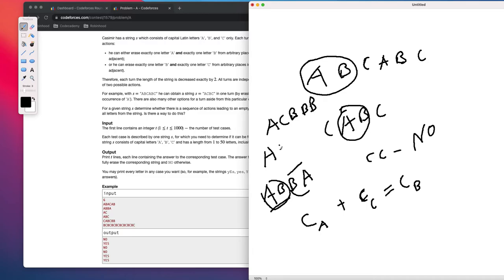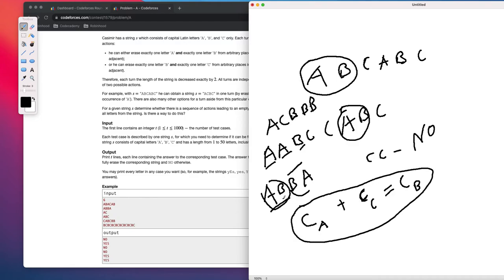Having more A's is also not helpful, because only with B can we remove either A or C, so B has to be equal to A plus C. So this is the equation. It's pretty easy: you just iterate over the string, count the number of letters A and C, and then check if it's equal to the count of B. If so the answer is yes, else no.